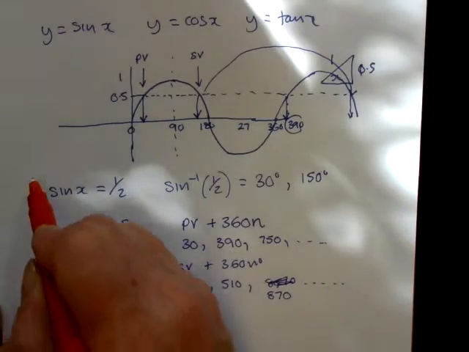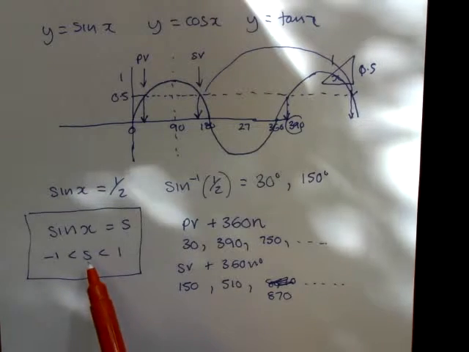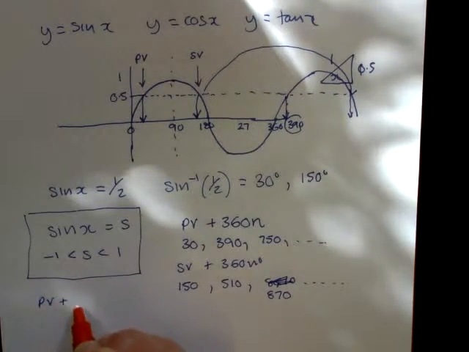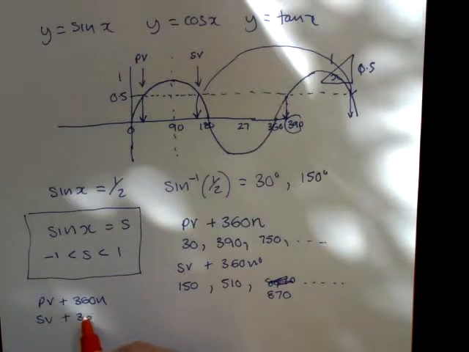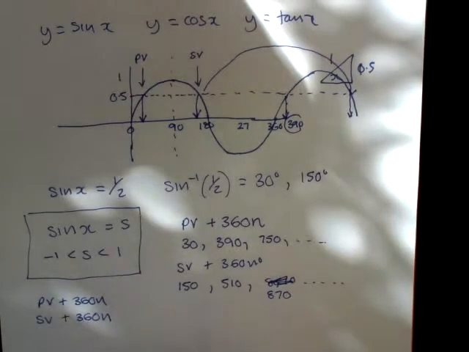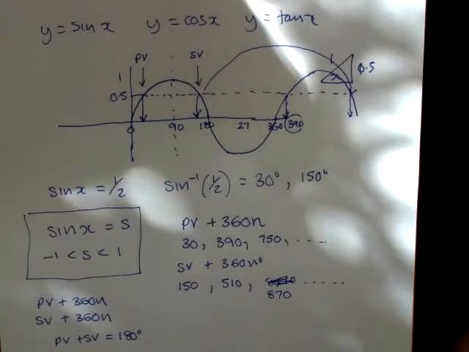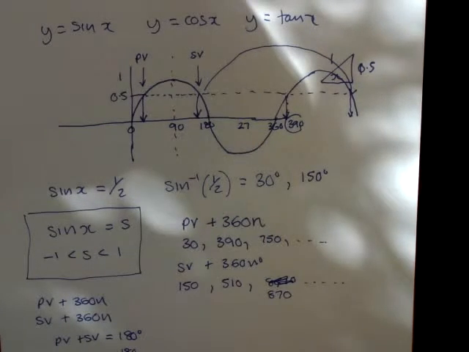So if sine x equals s, where s is a ratio between 1 and minus 1, the general solution is the PV plus 360n, the SV plus 360n, where the PV plus the SV equal 180 degrees. Or they might equal, if we deal with negatives, the PV plus the SV will equal minus 180 degrees. We'll have a look at that in a moment.